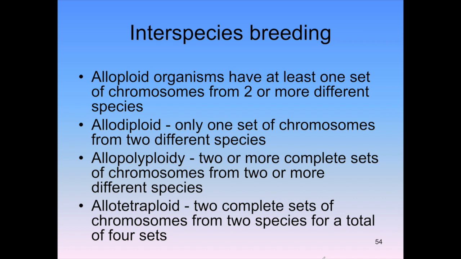Then we have the property of interspecies breeding. With interspecies breeding, organisms that are alloploid have at least one set of chromosomes from two or more different species. An example of this might be when they were trying to reintroduce the Florida panther.